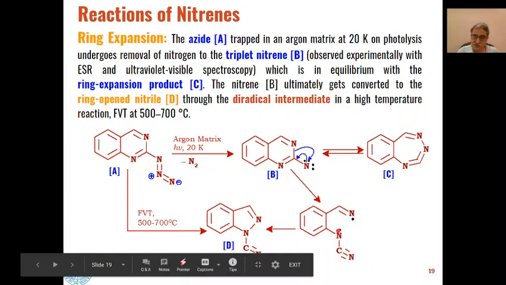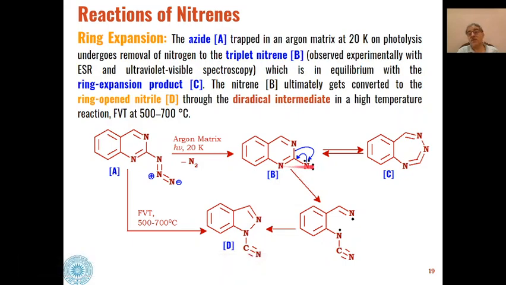Then these two electrons can form a nitrogen nitrogen bond, and ring contraction can take place like this. The 6-membered ring is converted into a 5-membered heterocyclic ring.